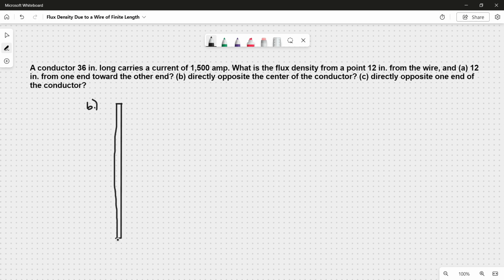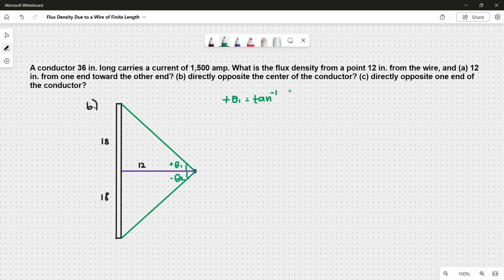For letter B, the point is 12 inches directly opposite the center of the conductor. Therefore, both sides are the same, equal lengths of 18 inches. For theta 1, same formula as letter A. And this will yield 56.3 degrees.